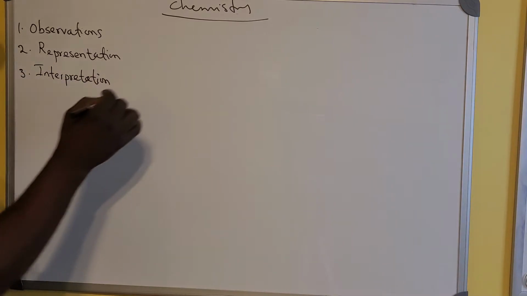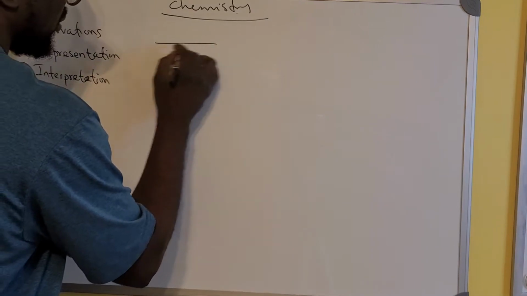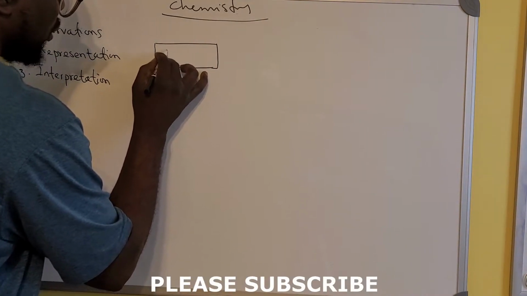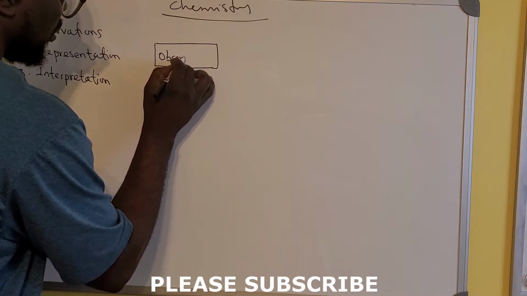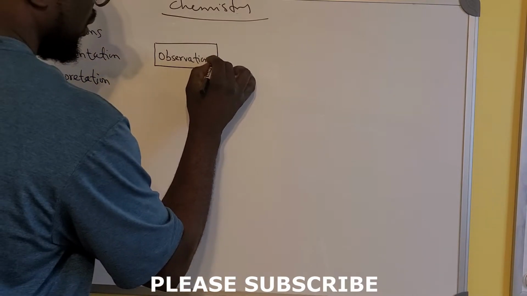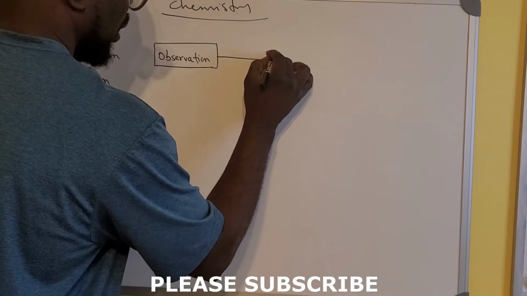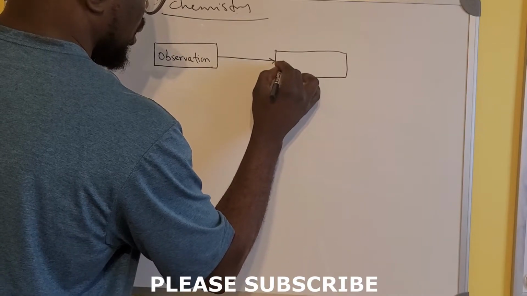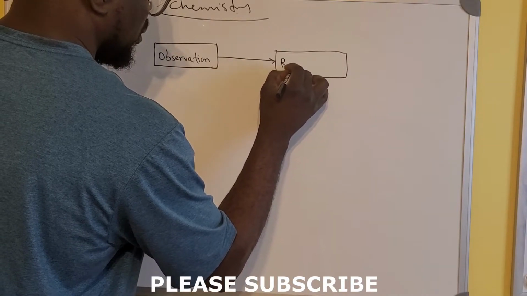So it looks like this. I'm going to draw a block that says observation. And then it goes this way, and you have another block that says representation.